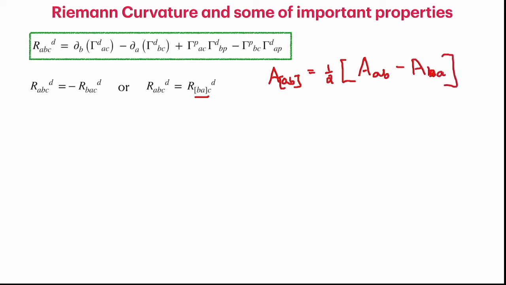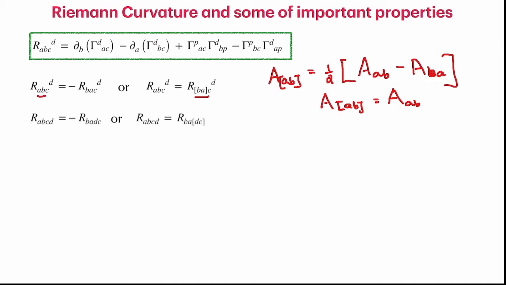So if the tensor is anti-symmetric, then we have A_B equal to minus A_BA. In the same way we can have a symmetry property which is defined in terms of the round bracket. That is not what we are dealing with now.